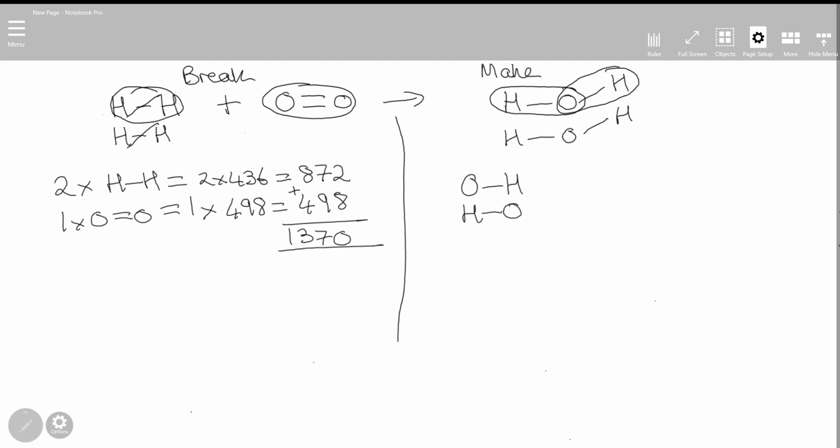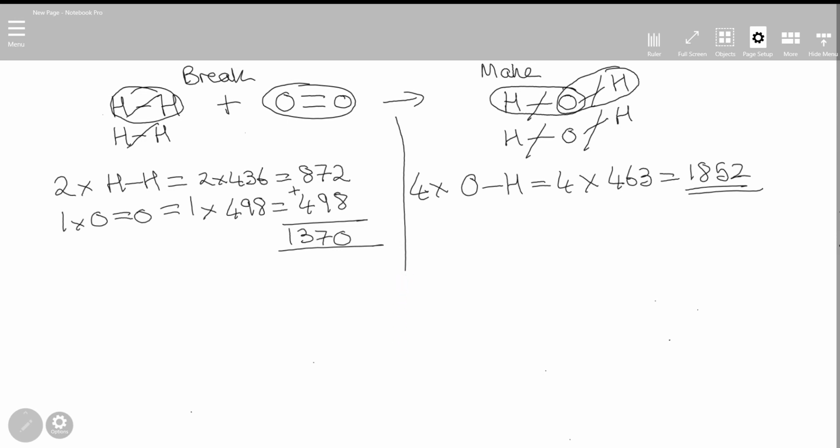And because there's 2 of the molecule, in total we've got 1, 2, 3, 4 of these particular bonds. So we look for the OH bond on our table, and the OH bond has a value of 463. 463 times 4 gives us 1,852 kilojoules per mole. And that's it for that side, that's all we need to do.